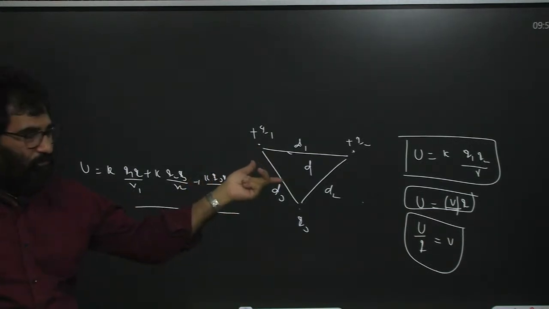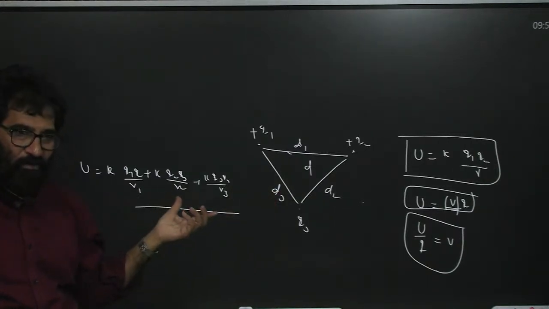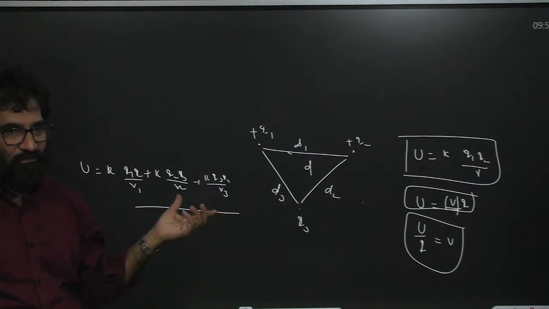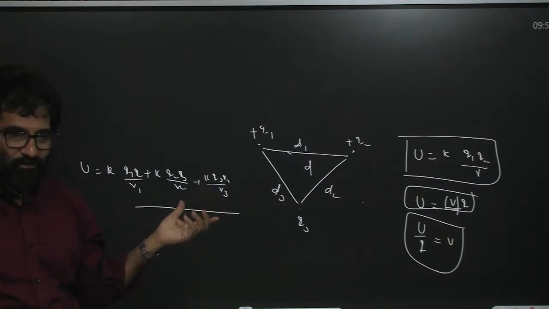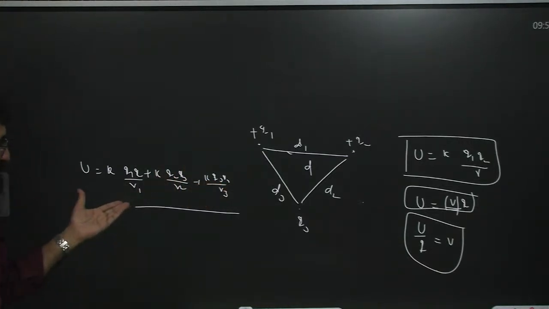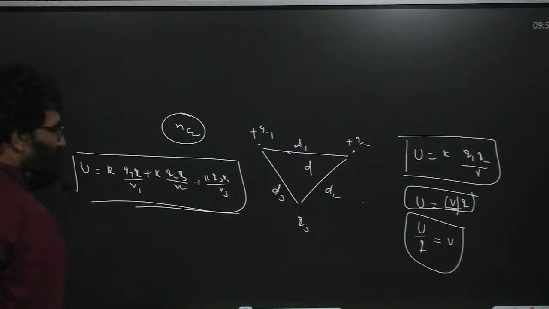Next, when we bring 4 charges, how many terms do we get? 4C2, which is 6. So definitely nC2 terms will exist in the potential energy. Next.